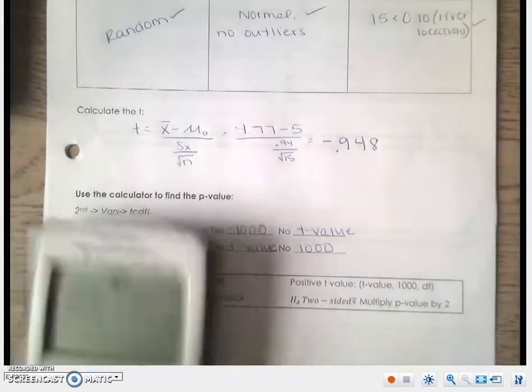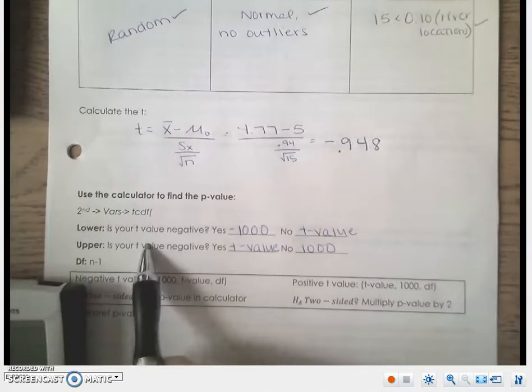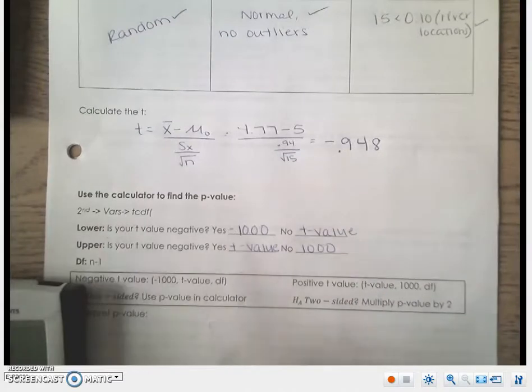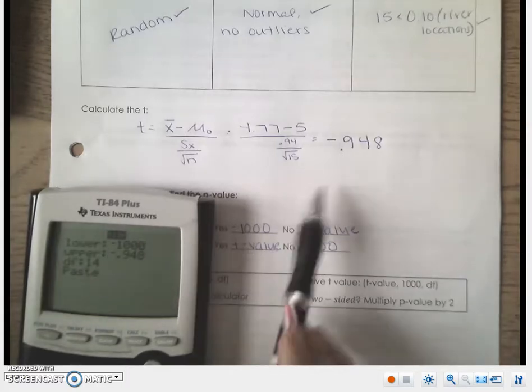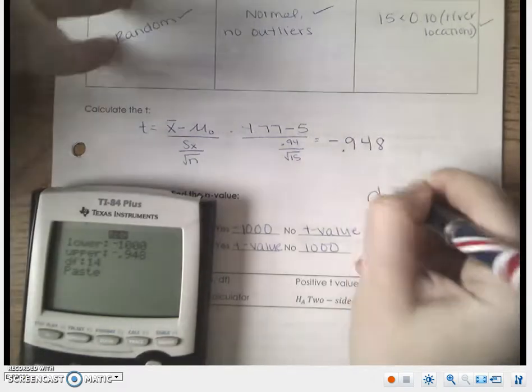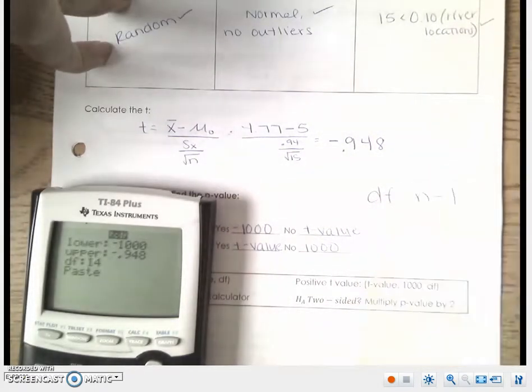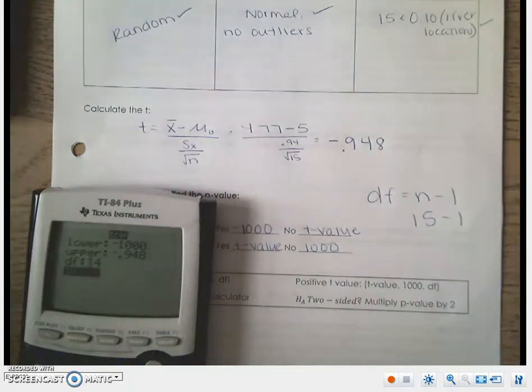The way this would look is, because I have a negative t-value, my lower bound is going to be negative 1,000, and my upper bound is going to be my t-value, which we calculated to be negative 0.948. For the degrees of freedom, remember that you do your sample size minus 1. So for us, it was 15 minus 1, which is 14.